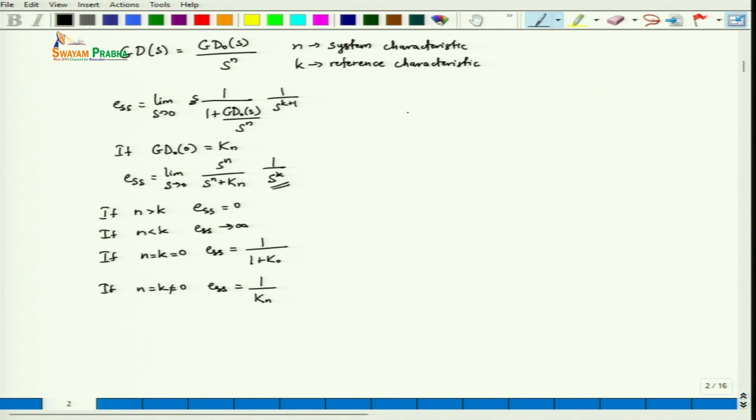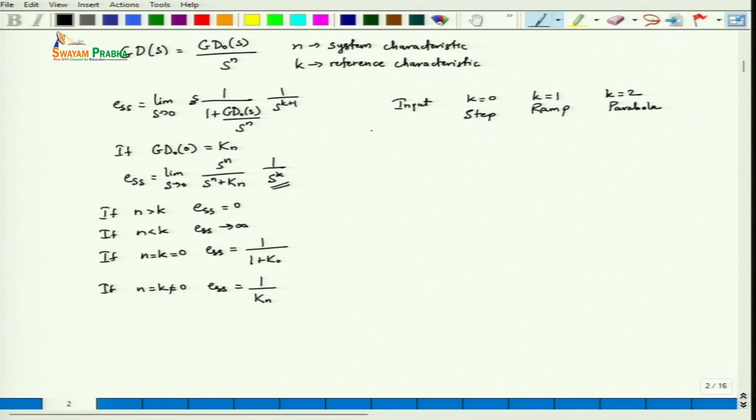basically a table. Here, let us consider the different types of input. So k is equal to 0 represents a step signal, k is equal to 1 represents a ramp reference, and k is equal to 2 represents a parabola.